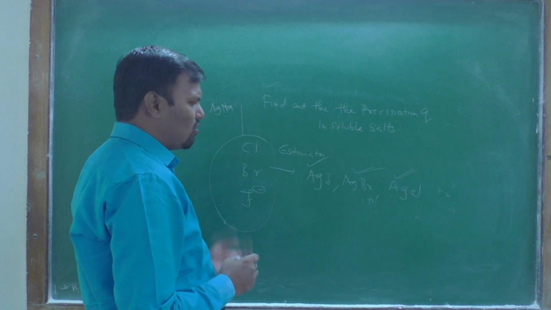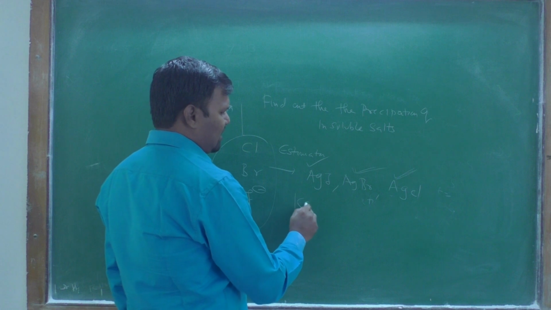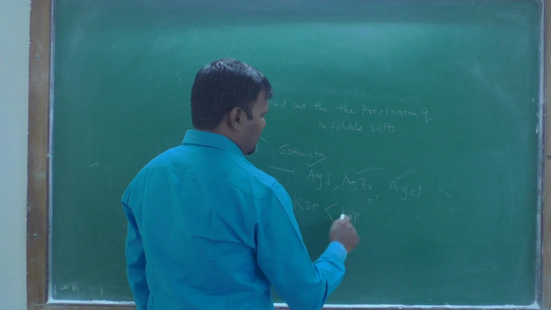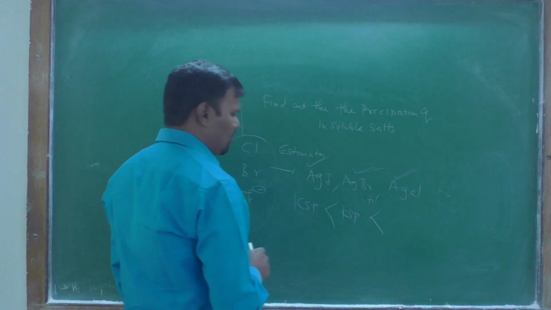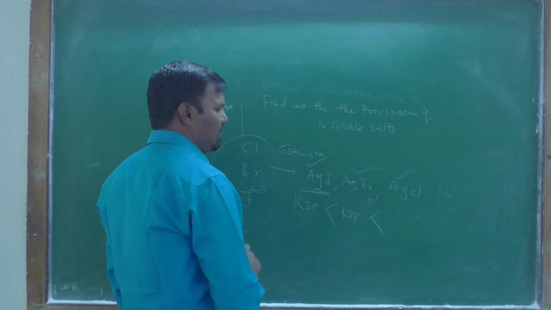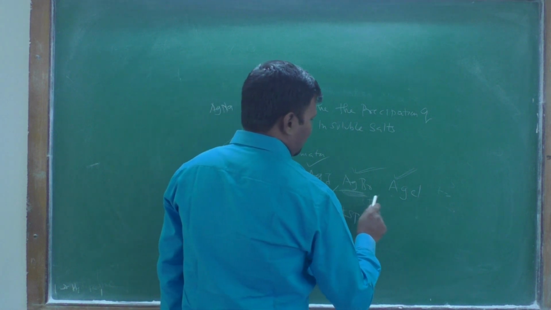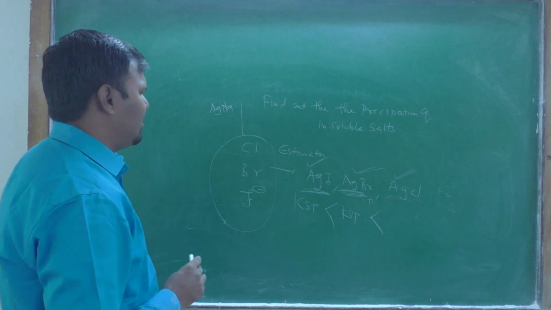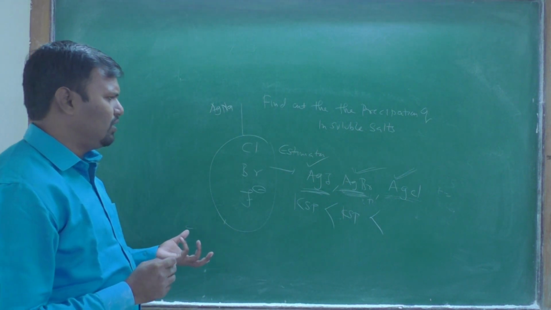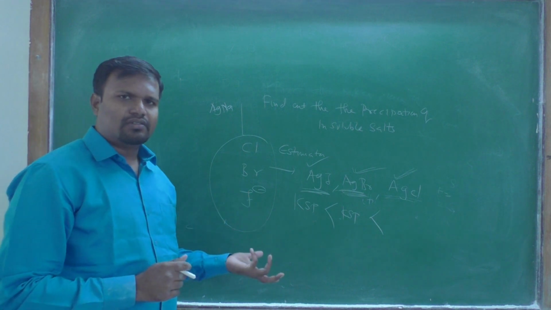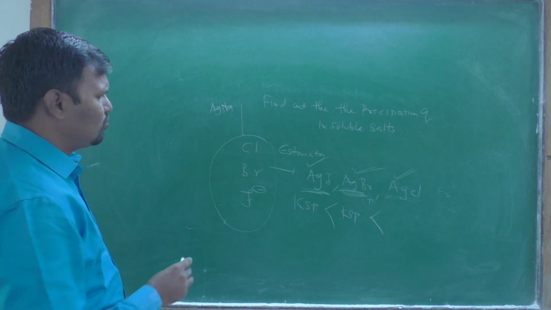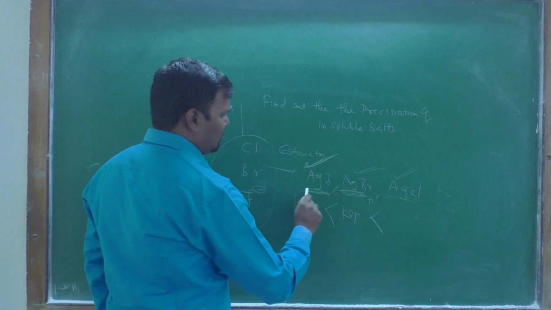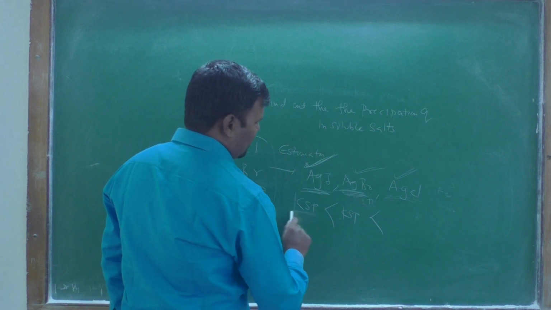The precipitate which has the lower KSP occurs first. Okay, the solubility product of AgI is very low compared to AgBr, and the solubility product of AgBr is less than that of AgCl. Therefore, when you add AgNO3 to estimate iodine, bromine and chlorine from a sample, it gives the PPT, and the first PPT to appear is AgI because its solubility product is less.